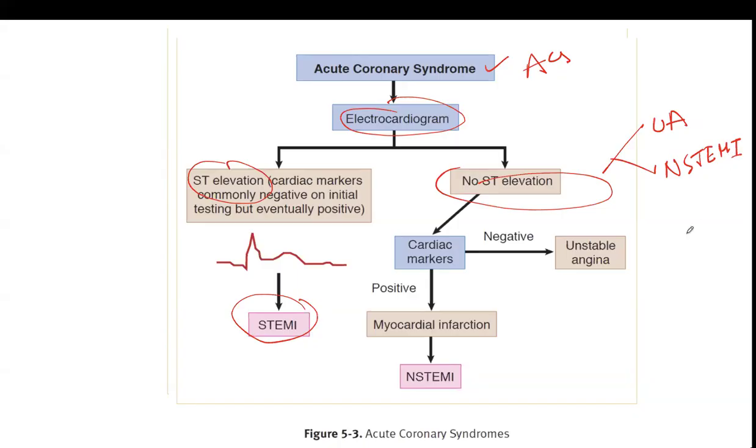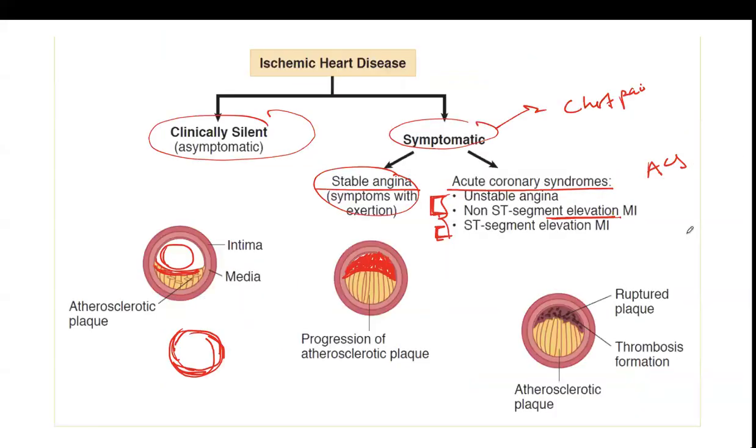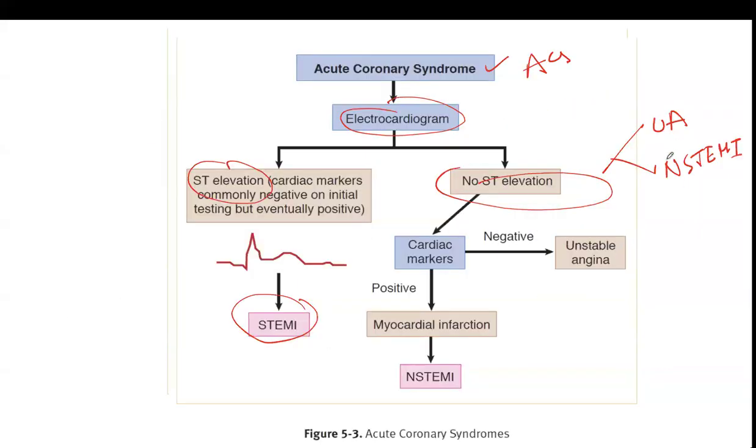How to differentiate? The only way you can differentiate between these two is to do a cardiac troponin. If cardiac troponin negative, it becomes unstable angina. If cardiac troponin positive, it is a non-ST elevated MI. Make sense, everyone?